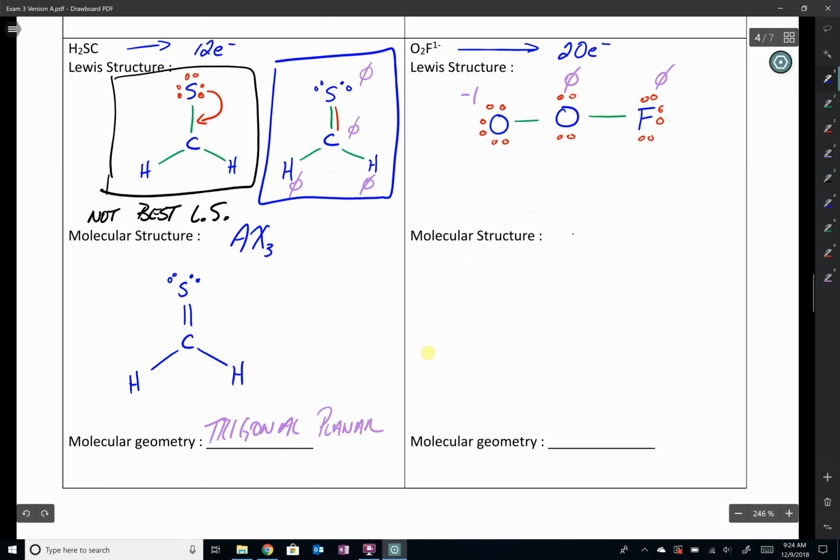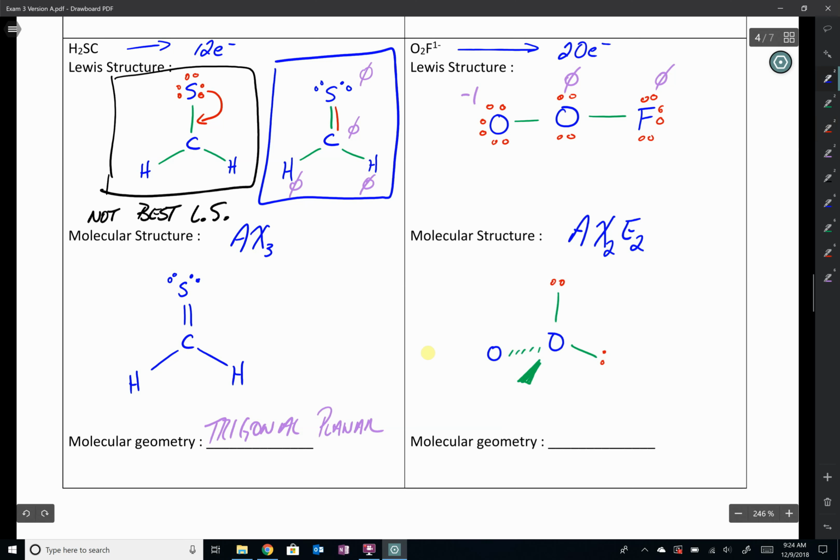Okay, AX notation: 2 atoms, 2 lone pairs. We've got a total of 4 things around our central atom. That means we're dealing with a tetrahedron. So we've got our oxygen, and we set up our generic structure for a tetrahedron. We can fill in lone pairs wherever we want.